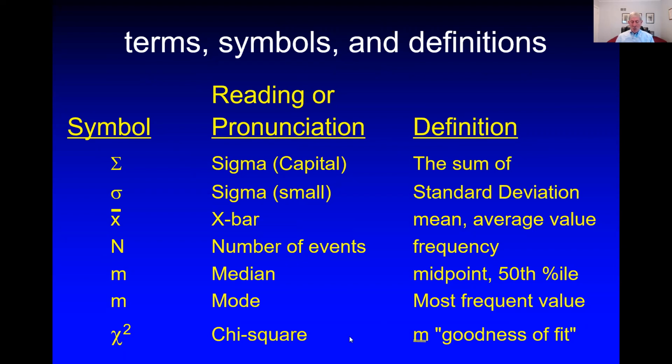It's important to know. It's especially valuable in assays like radioimmunoassays, where you're measuring samples in duplicate or triplicate, and then the chi-squared value is truly very useful. So those definitions you need to know. I would say probably almost all of them are important.